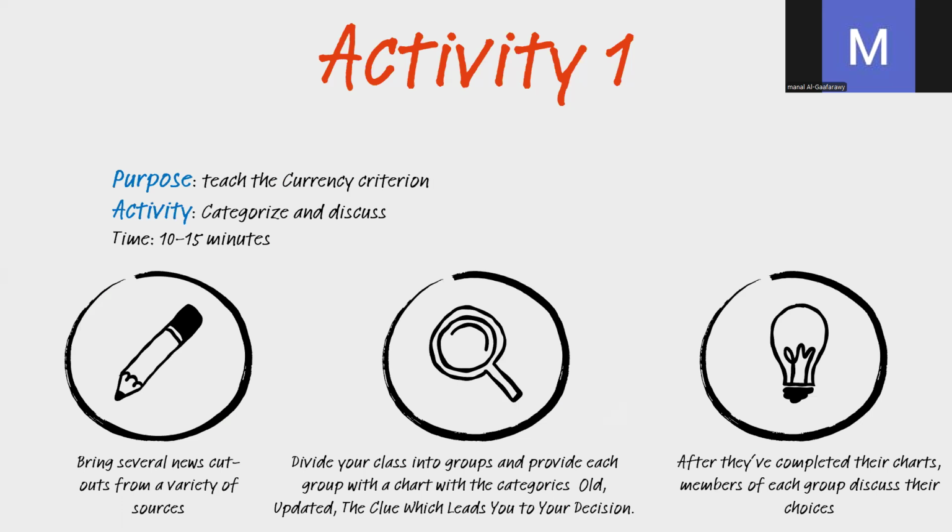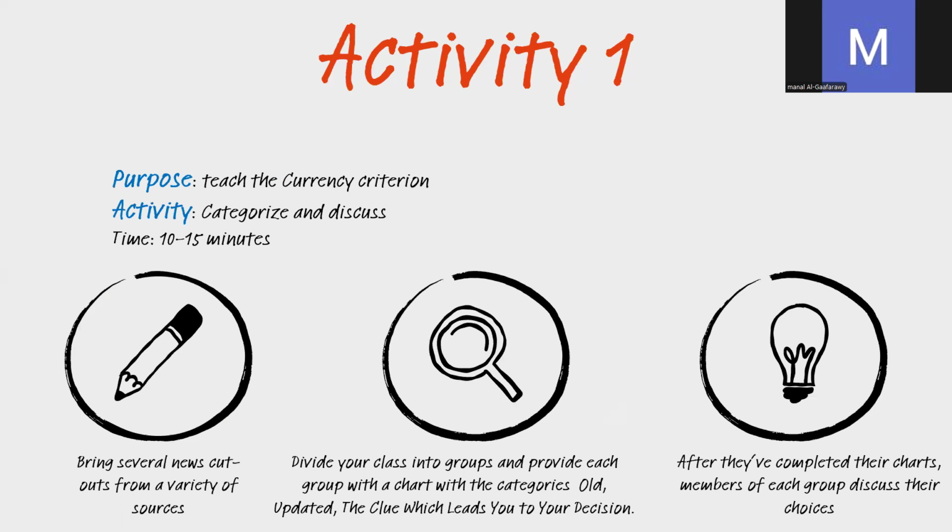So the first activity here focuses on teaching currency, and it's basically a categorization activity. For this activity, you bring several news cutouts from a variety of sources, say blogs, Wikipedia, books, websites, and so on.